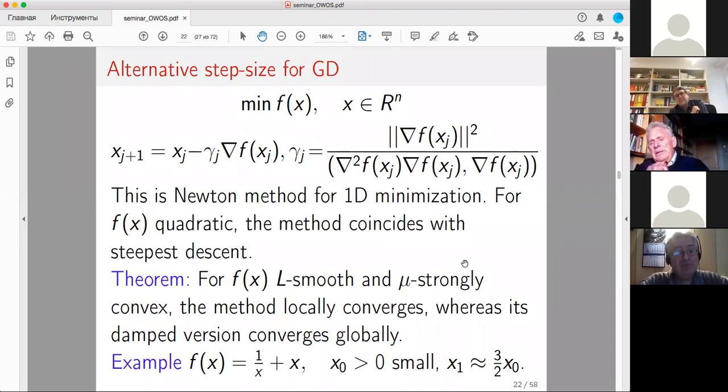But now let's take some other choices for the step size. Let's look at the general unconstrained minimization problem in n-dimensional space. Let's choose the step size gamma in this way.